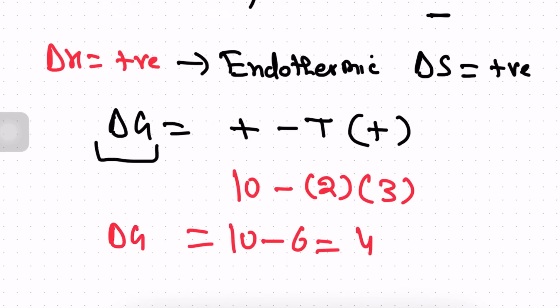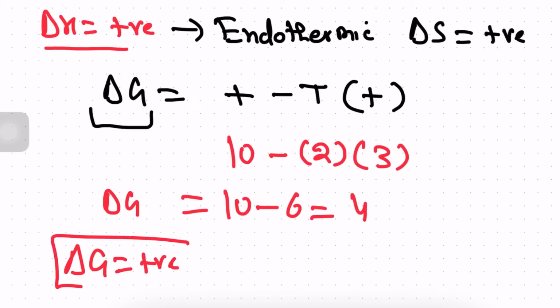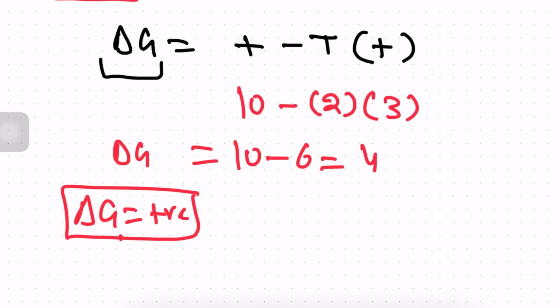So the reaction has a positive delta H, so it is endothermic, and a positive delta S, so the change in entropy is positive. With 10 minus 6 equal to 4, delta G is positive, which means the reaction is non-spontaneous.